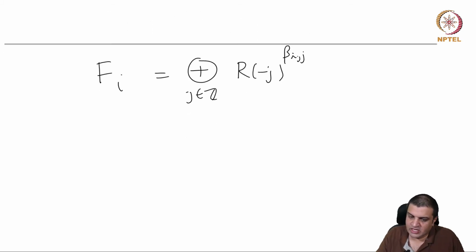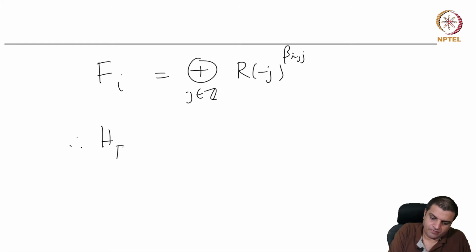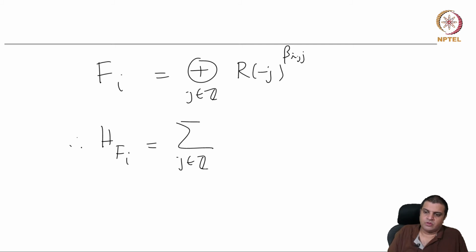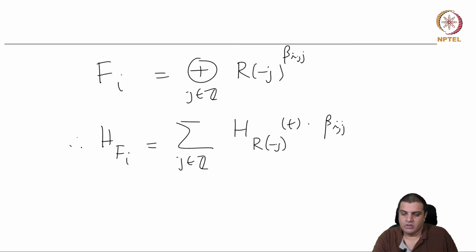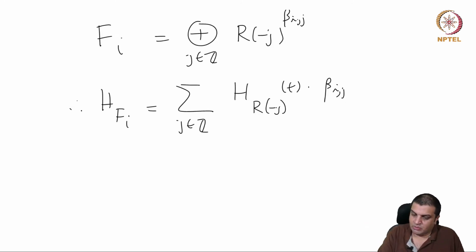So therefore, the Hilbert series of F_i is the sum over j in Z of the Hilbert series of R(-j) in t, times beta_ij. Each copy will contribute one to this thing. But what is this number?